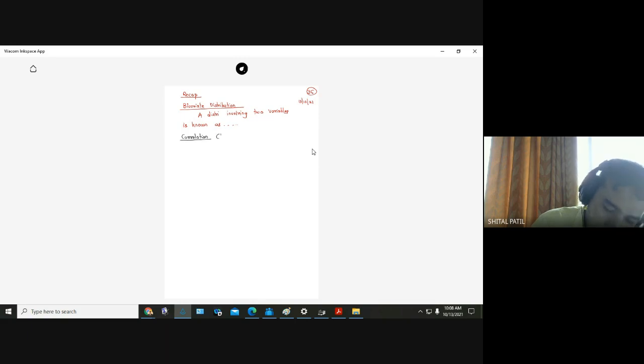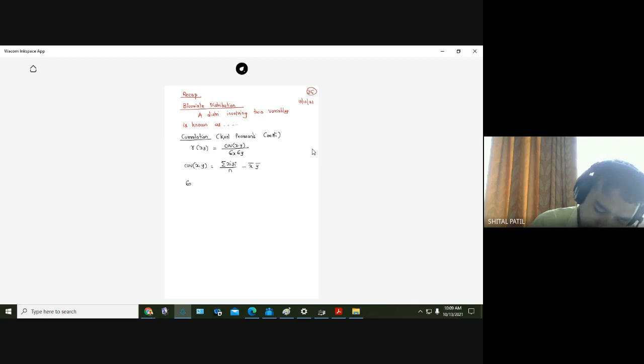Karl Pearson's coefficient r of xy equals covariance of xy divided by sigma x sigma y. Covariance of xy equals summation of xi yi divided by n.